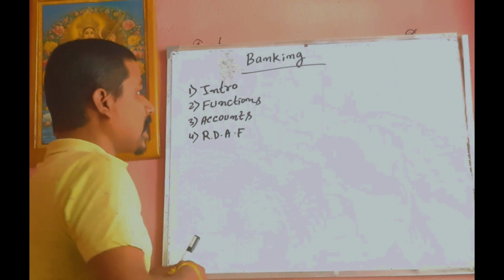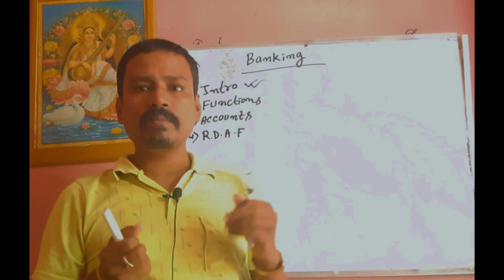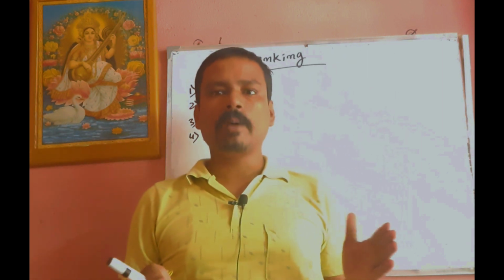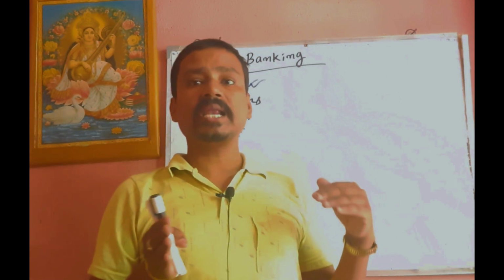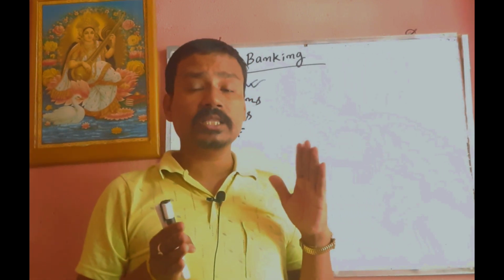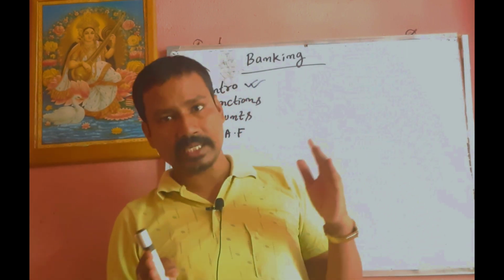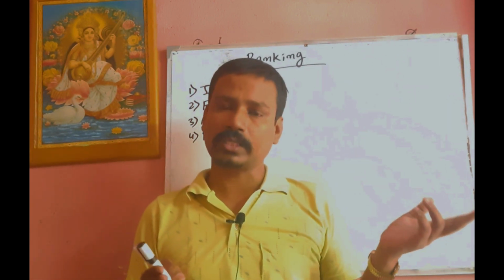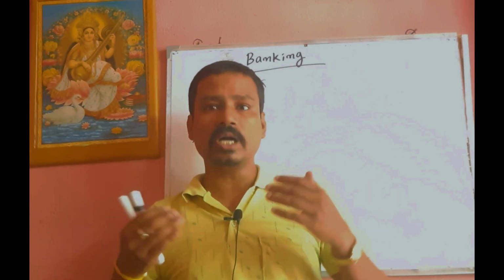In this introduction part, we are discussing what a bank is. You may have heard of the State Bank of India, United Bank of India, Punjab National Bank, and many more examples of banks. These are banking institutions. From here we can take a loan and pay some interest on the loan, and we can deposit some money in the bank and earn some interest.